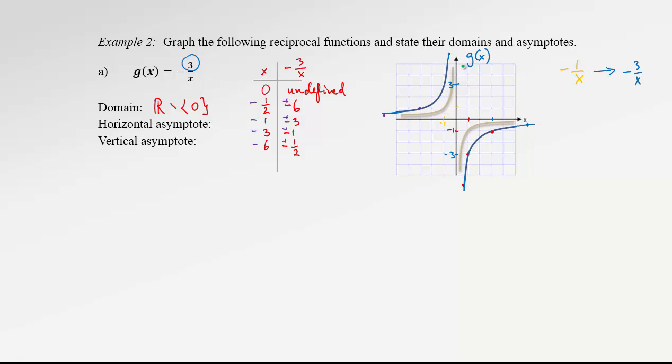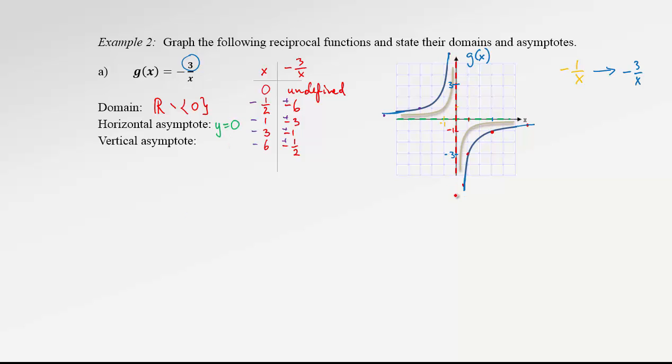What else can we say about the graph of the g function? Well, similarly as before, the graph is approaching the x-axis. It's getting closer to the x-axis when x is growing towards infinity, and closer to the x-axis when x is growing towards negative infinity. That means we have a horizontal asymptote, which is our x-axis, so it has equation y equals 0.